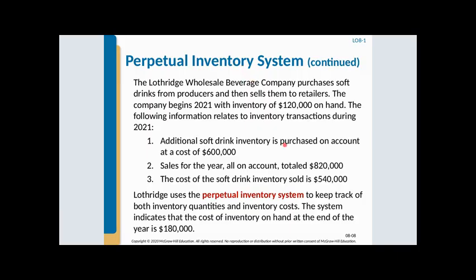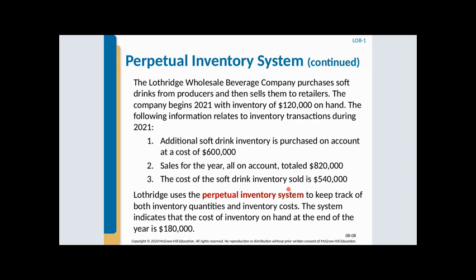Okay, so we have an example of the perpetual inventory system. Lothridge Wholesale Beverage Company purchases soft drinks, and then they sell them to retailers. The company begins 2021 with 120,000 of inventory on hand. They purchase an additional 600,000. They sold 820,000.